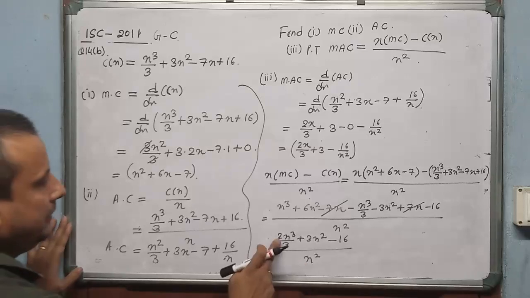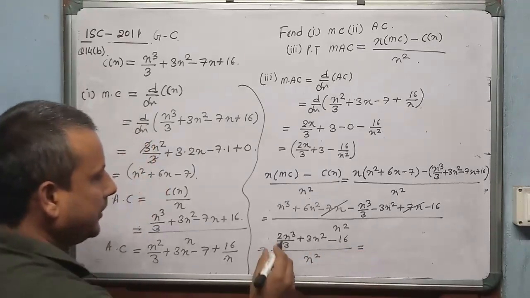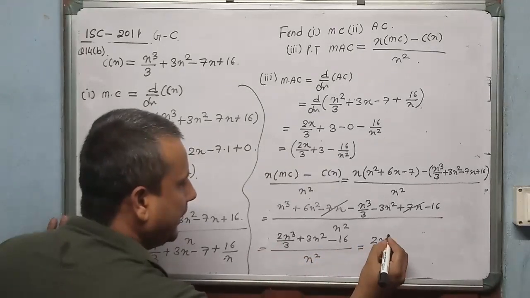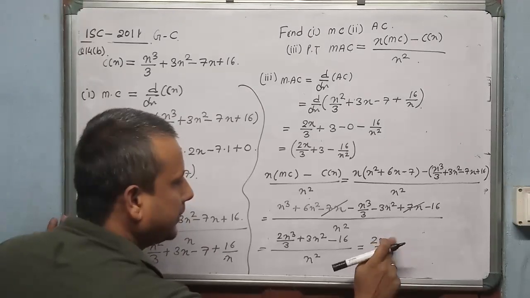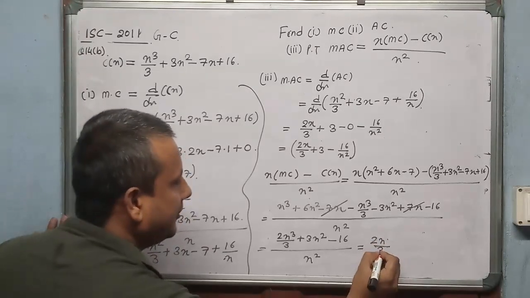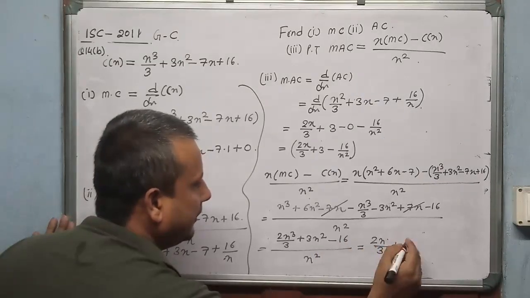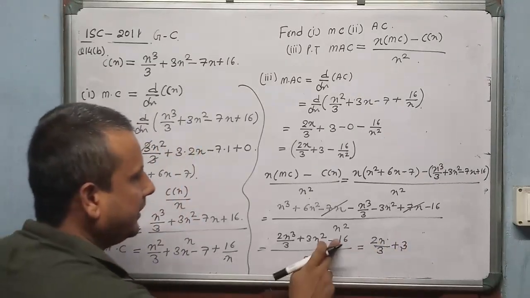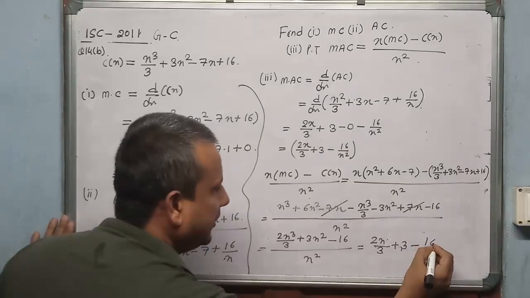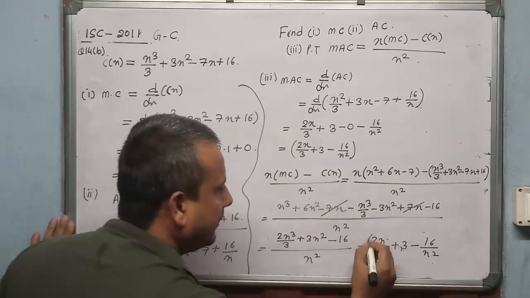If I divide this separately, 2x cube by 3 divided by x square is 2x by 3, then plus 3, minus 16 over x square.